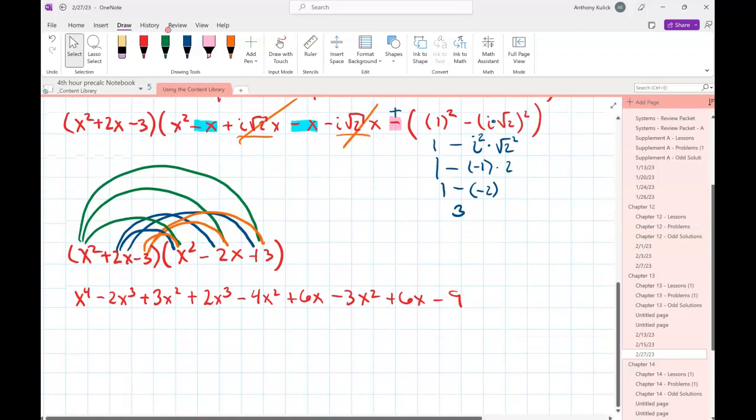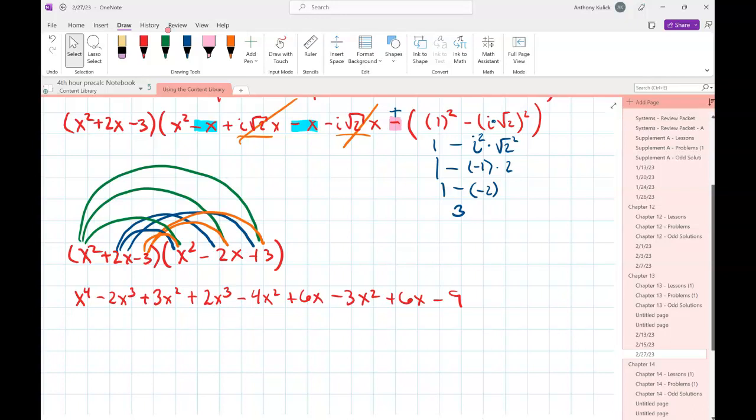So let's go ahead and combine all the like terms together. I have x to the 4th. Then I have a negative 2x cubed and a positive 2x cubed, so those just canceled out. I have a 3x squared, a negative 4x squared, and a negative 3x squared.